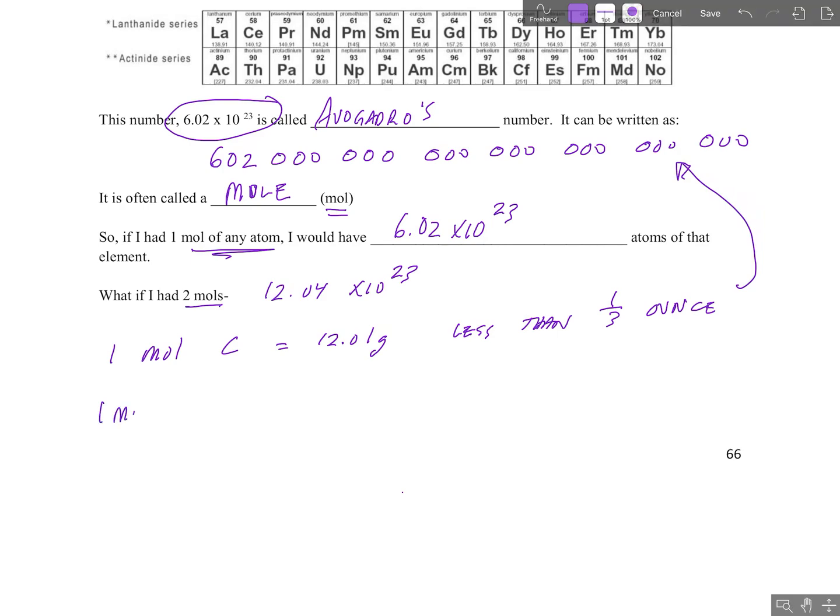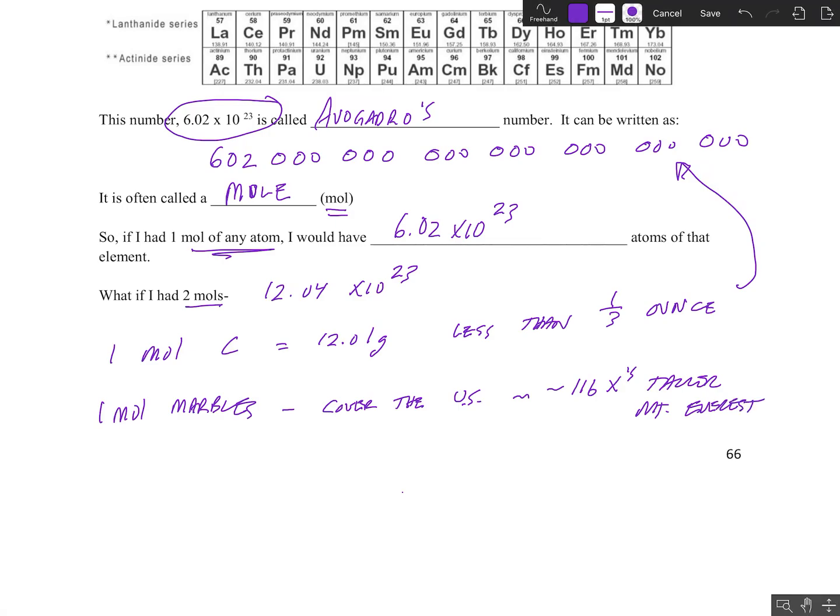If I had 1 mole of marbles, just standard size marbles, they would actually cover the entire geographic United States, and that pile of marbles would be about 116 times taller than Mount Everest. Can you imagine that many marbles?